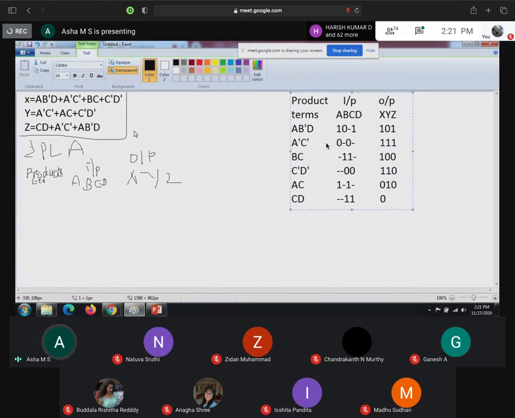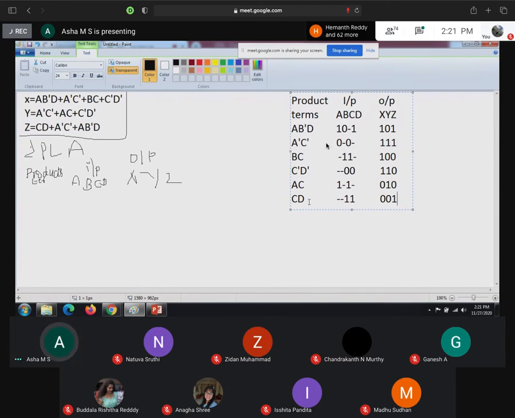No. What about Y? No. What about Z? Yes, it's existing, so 1. Next product A bar C bar is already done. Next, A B bar D is also done. So we don't have any more products to insert in the PLA table.